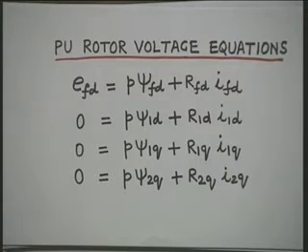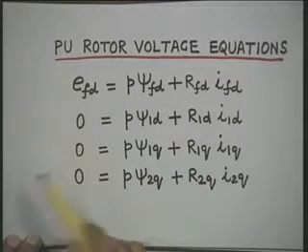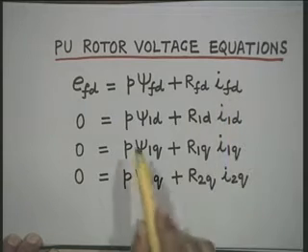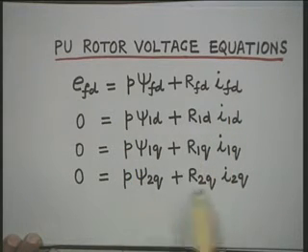I had mentioned that these are the four equations related to the voltage of the rotor circuits. This is the equation related to the field circuit, this is related to the amortisseur on the d axis, and these are the two related to the amortisseurs on the q axis.